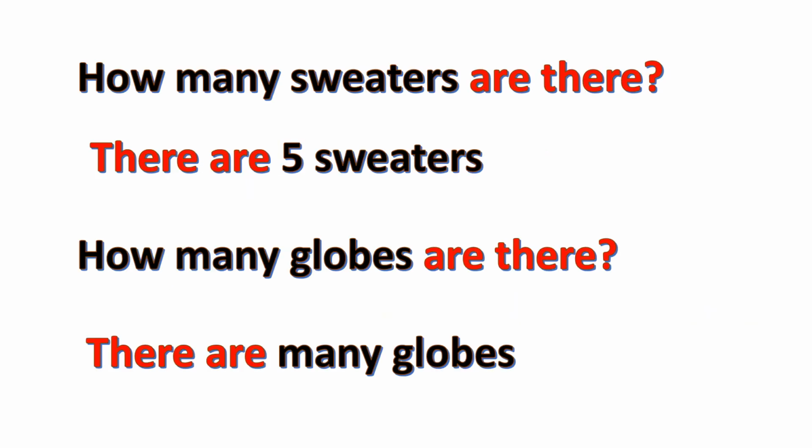For example, here we have both uses. How many sweaters are there? ¿Cuántos suéteres hay? Did you see? This is a question. Es una pregunta. Are there? Se encuentra al final de la oración.